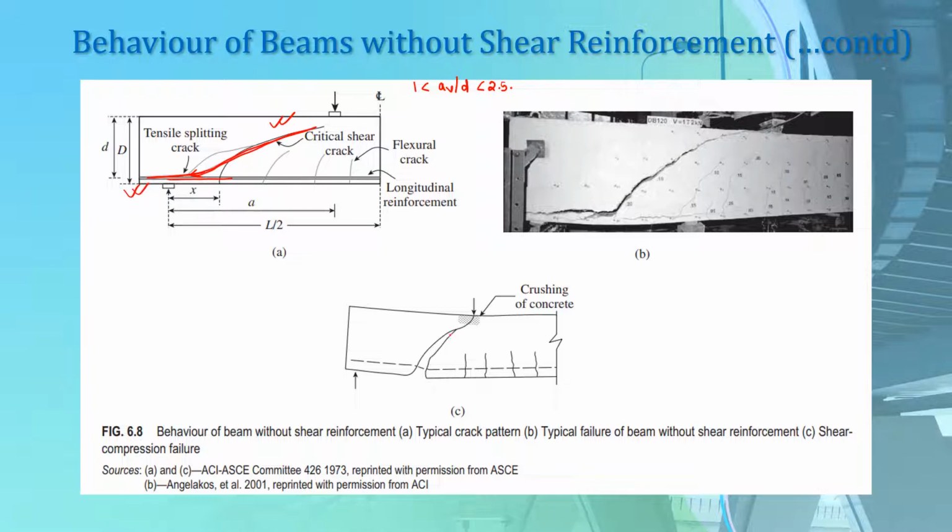When the crack propagates forward, that means this inclined crack is propagating forward and it reaches the point of application of load, and the concrete in this portion fails by crushing. Hence, the crushing of the compression zone is also one of the failure modes in these types of beam, and this is known as crushing compression failure or shear compression failure.